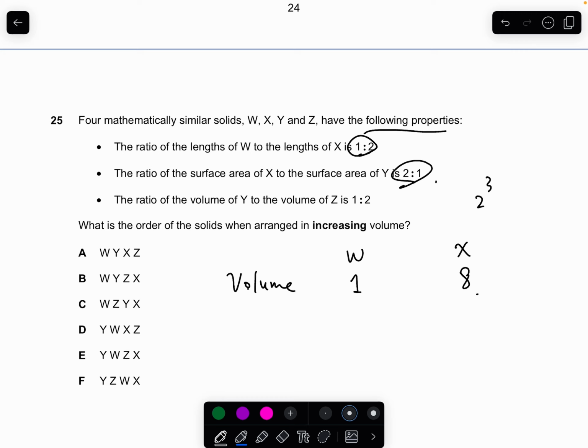Also, we have 2 over, this is something squared, you know.